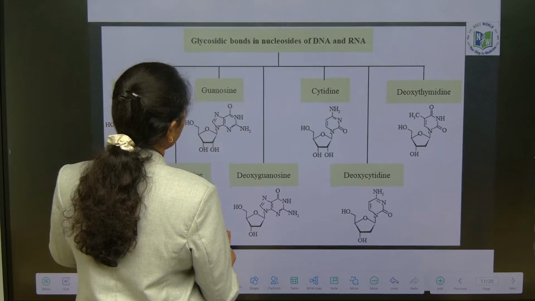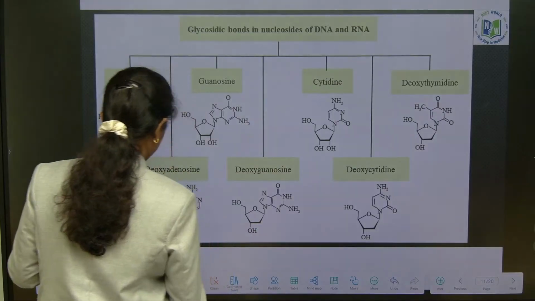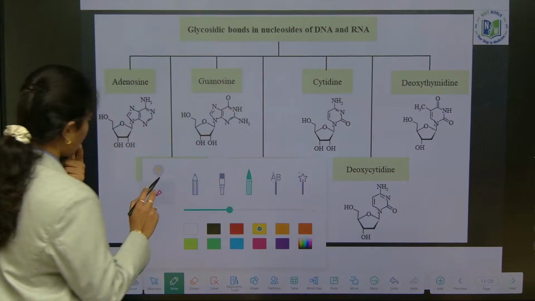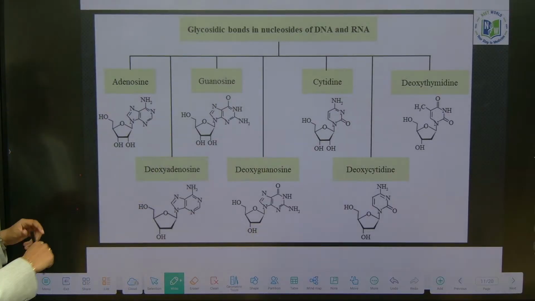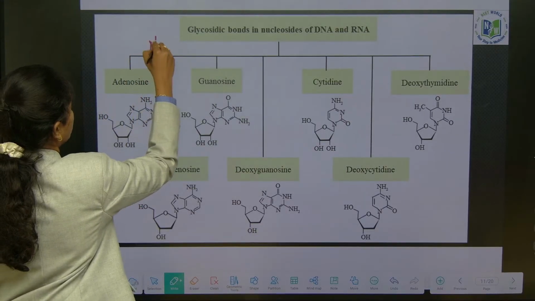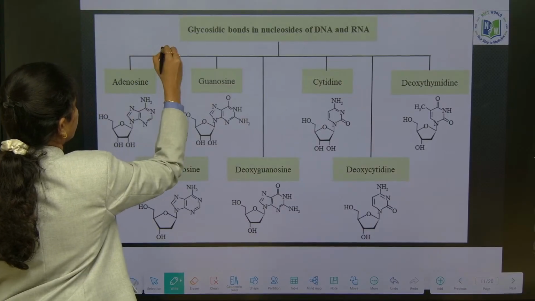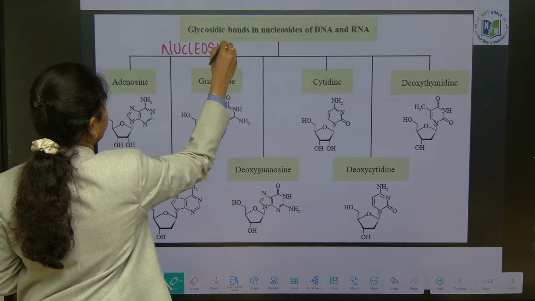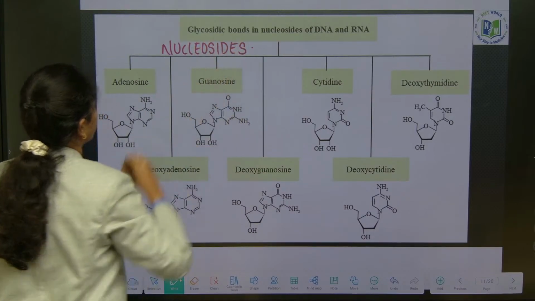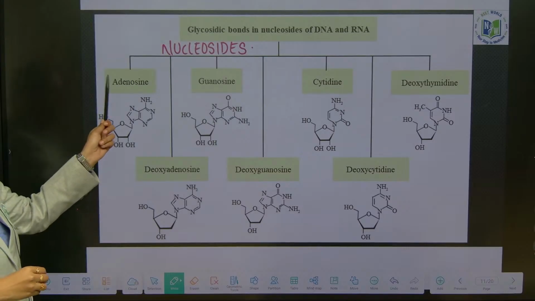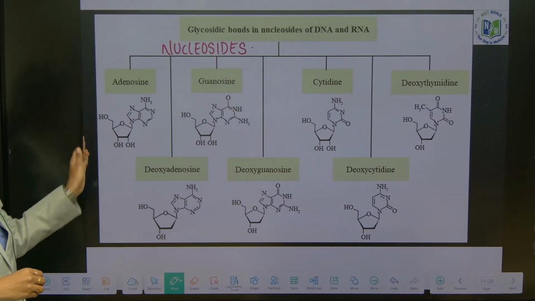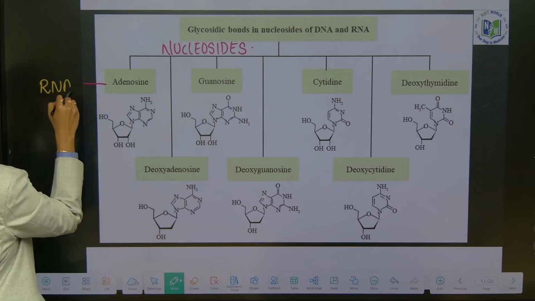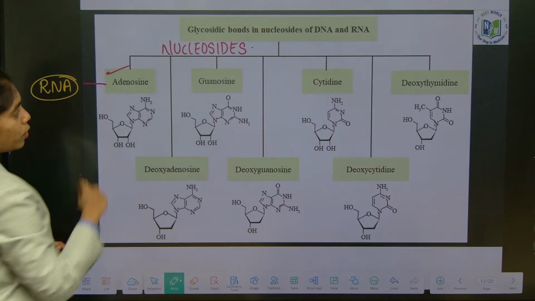Here you take down glycosidic bonds, that is nucleosides, both for DNA and RNA. Those namings are important. You will get them in the objective formats. Nucleoside terminology is important. If adenine nitrogen base is along with sugar, in RNA, it is addressed as adenosine.